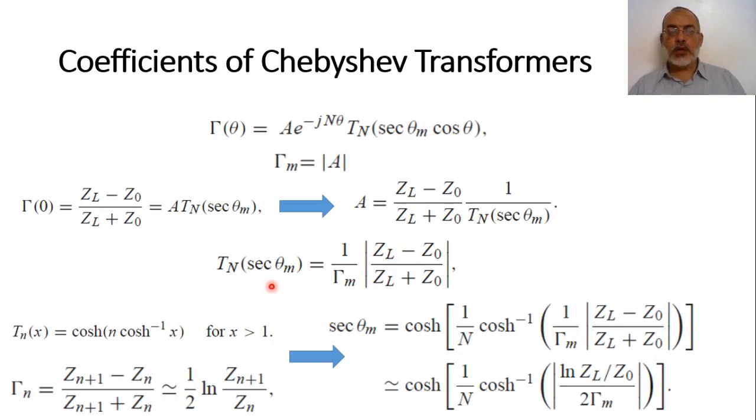So we are talking about cosine n cosine minus 1 x. We are talking about the Chebyshev polynomial of order n of x for x greater than unity. We are talking about cosine n cosine minus 1 x. So this actually means that cosine capital N cosine minus 1 sec theta maximum equals this value.